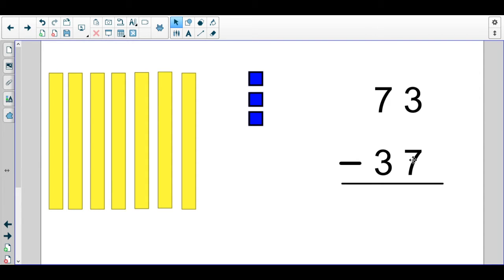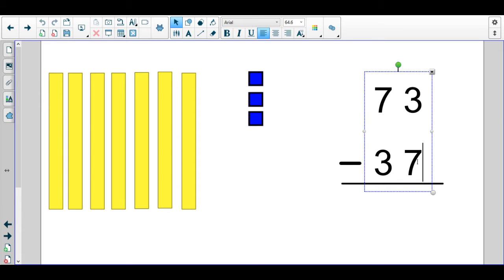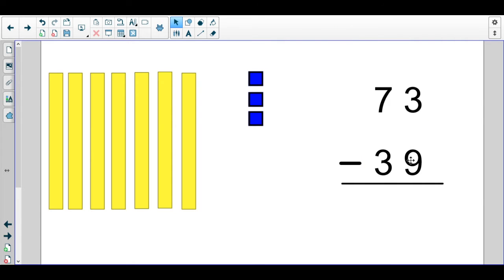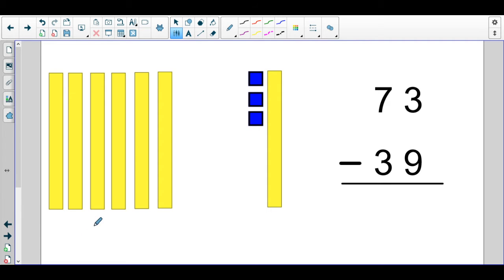All right, and if I'm going to subtract, maybe in this situation right here, let's go ahead and make this example right here. We'll just change this number. All right, I can't take 9 from 3. So what I'm going to have to do is borrow. And I'm going to take this and move it over here so that now I have 60 right here, or 6 groups of 10.